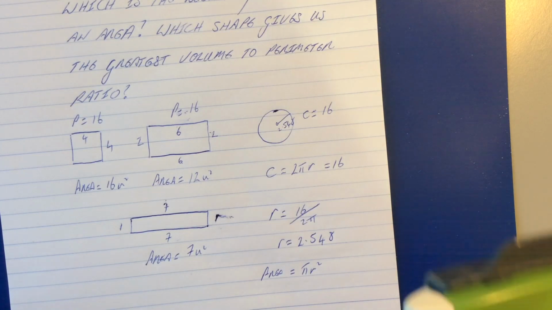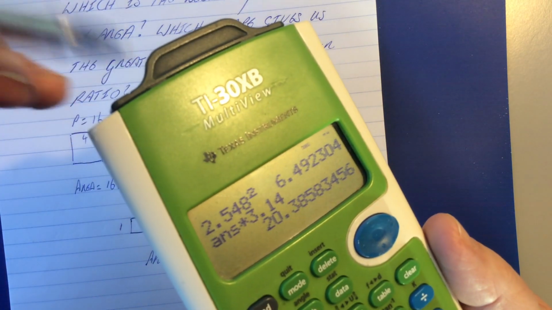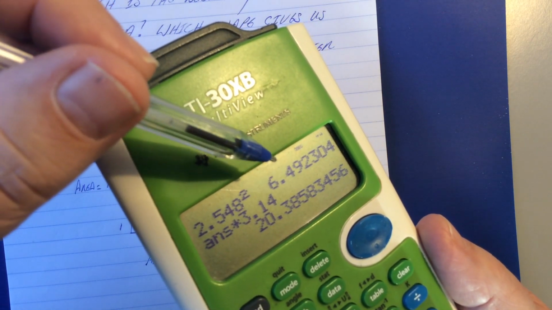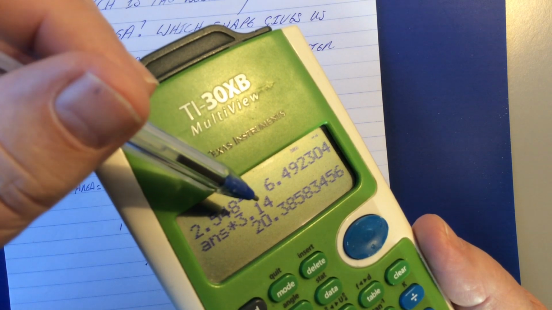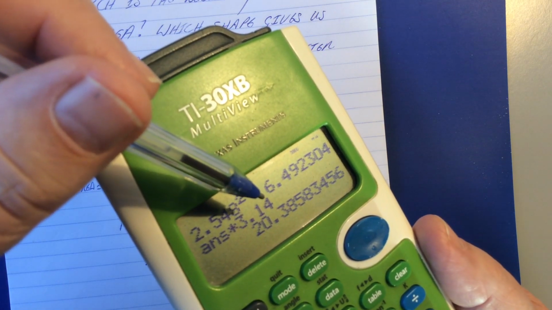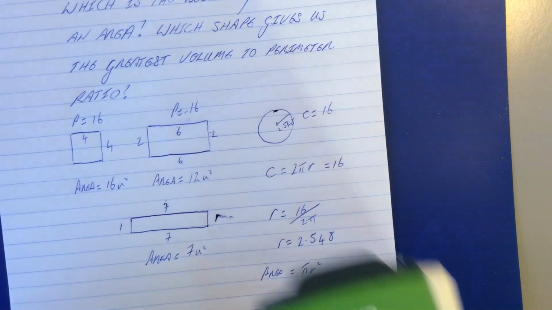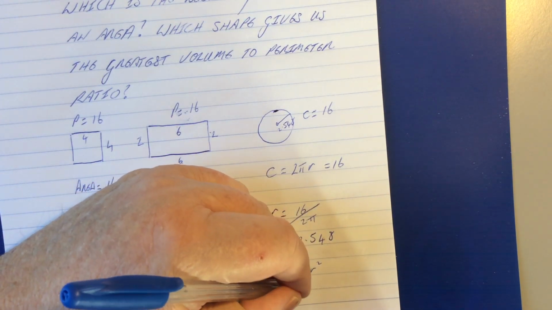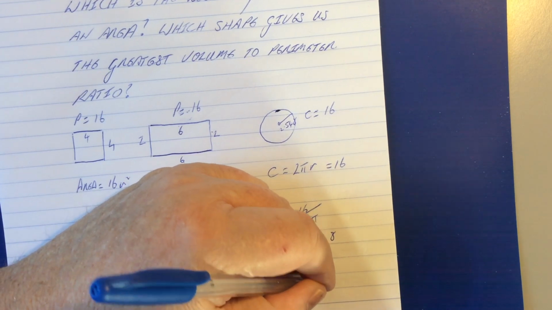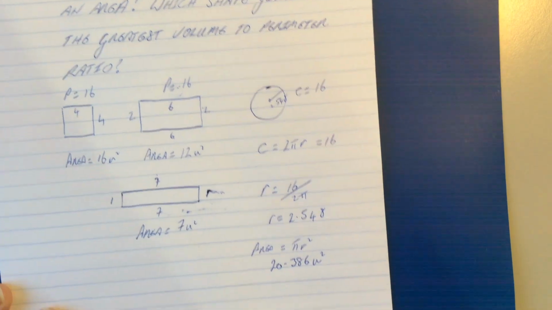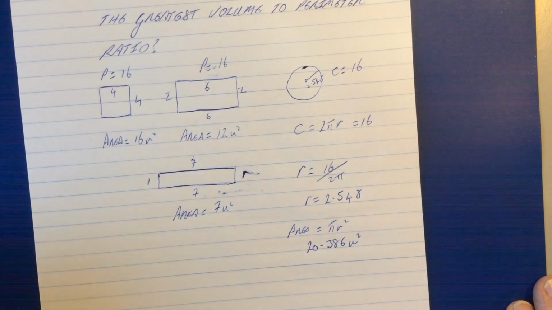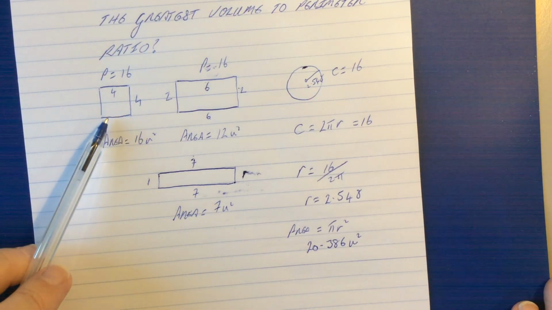Okay, I want you to see the answer before I write it down. So there's the radius squared, which gives us that. We've multiplied it by 3.14, standing in for pi, and that's our answer. Our answer is 20.386 units squared.